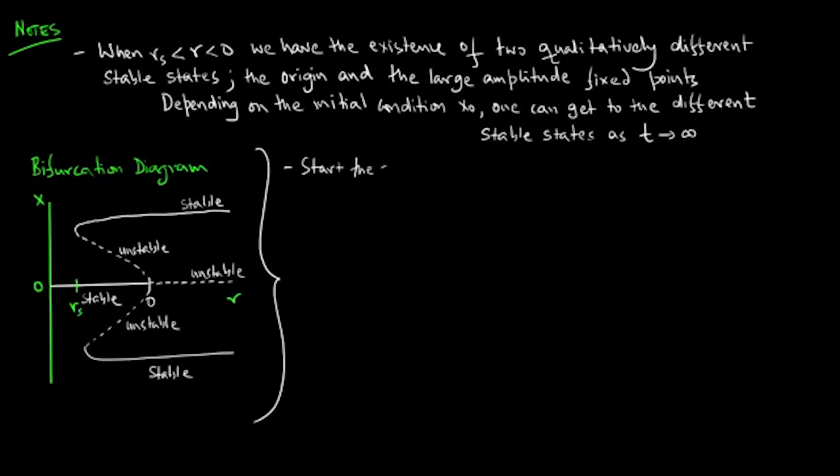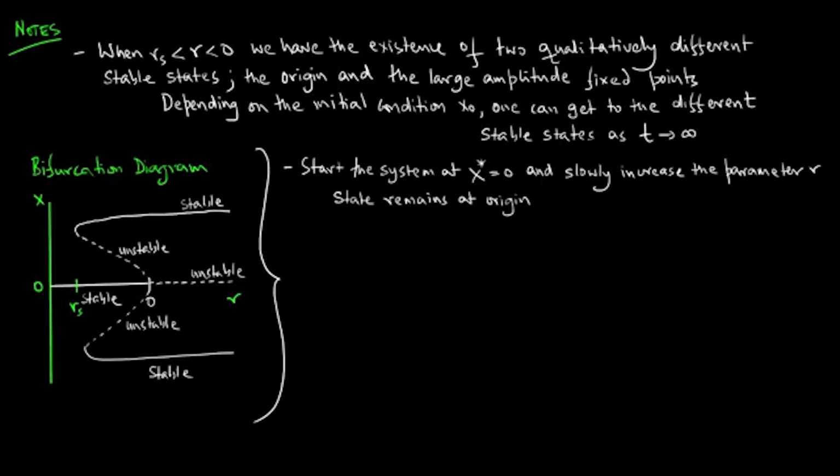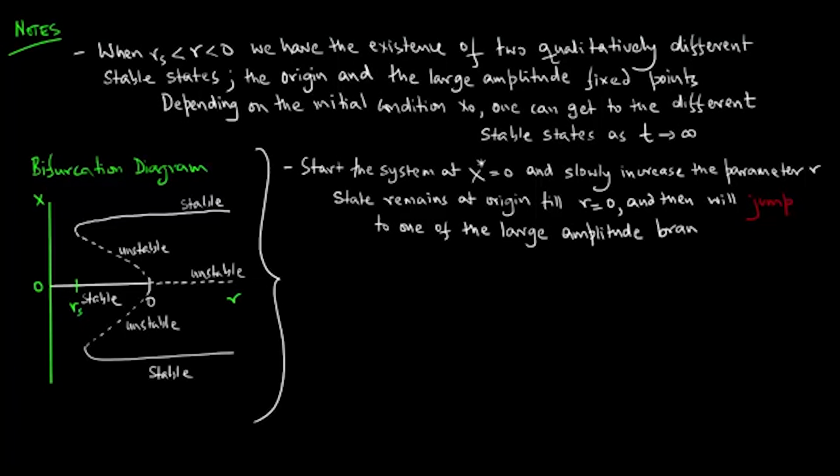So if we start the system at x star is equal to 0 and slowly increase the parameter r, it remains stable at the origin till r is equal to 0, and then will actually jump to one of the large amplitude branches.